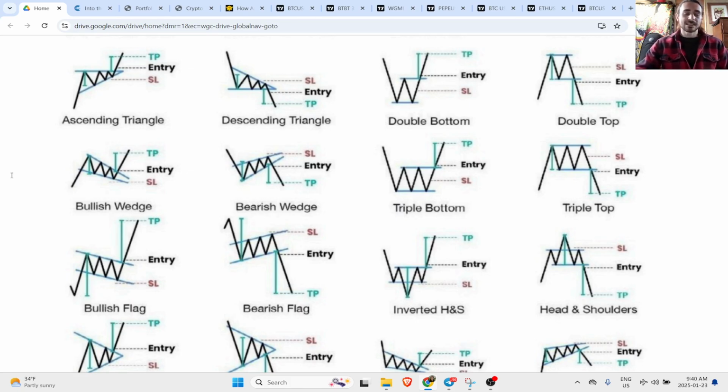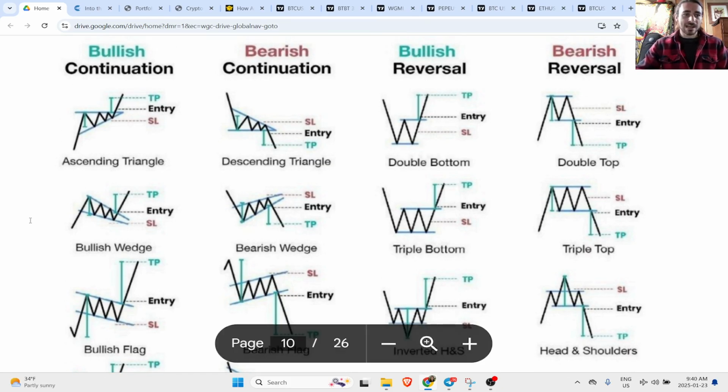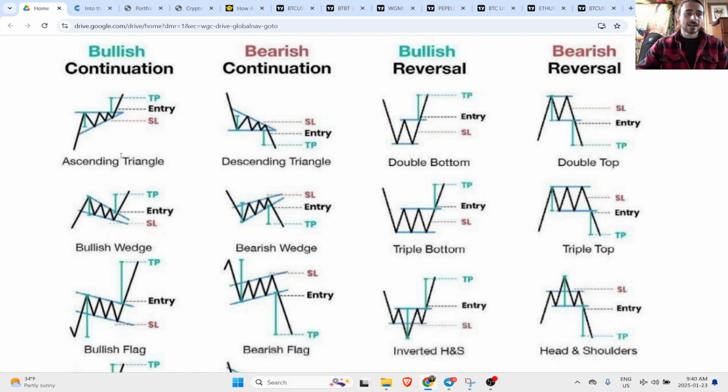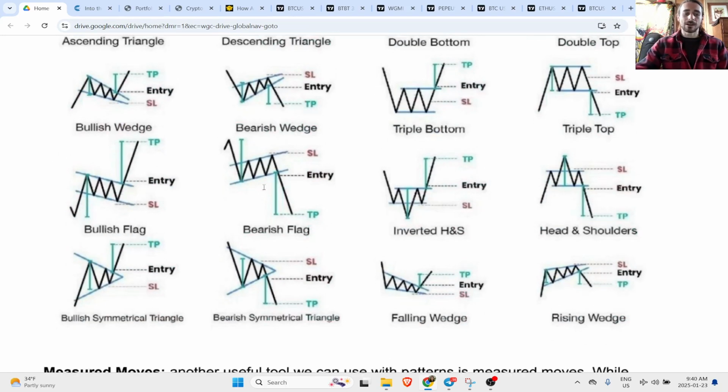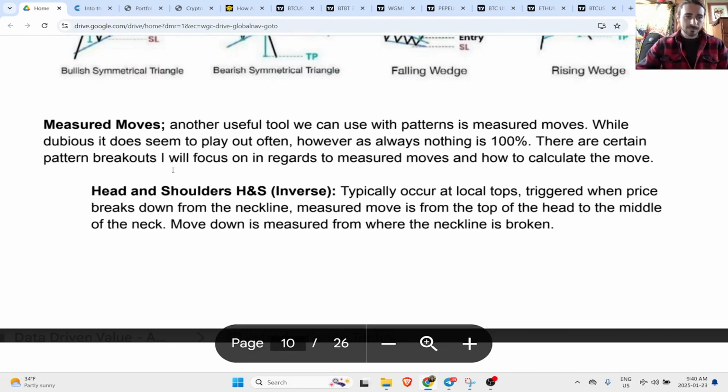I will link this document so it'll be available for all you guys to access whenever you want. But yeah, there's tons of different patterns. So by identifying these patterns and identifying the trends and then looking for support, as well as utilizing some of our candlestick knowledge, we can determine whether something is in a bullish setup or a bearish setup, and then how we want to position ourselves for those.